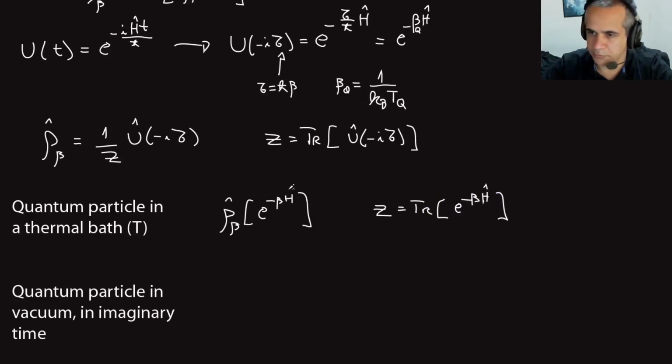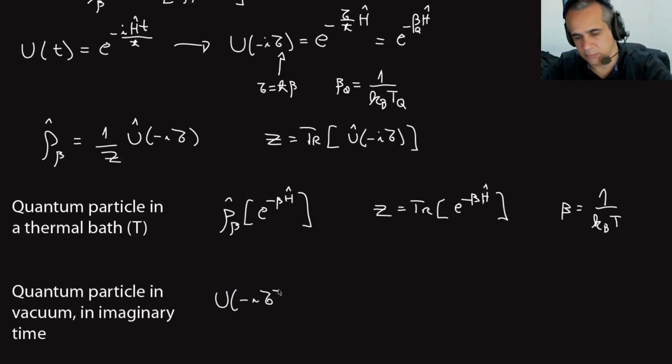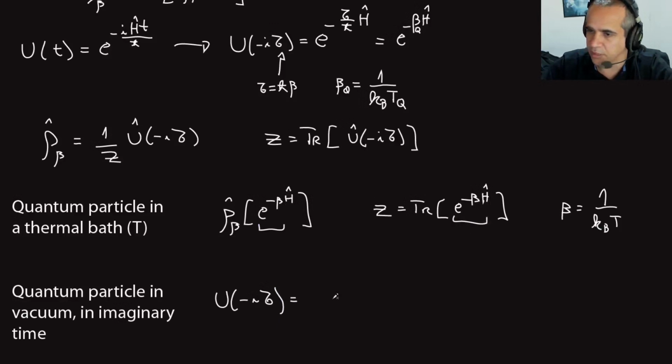These are operators. And beta is 1 over temperature. And this guy is described by this time evolution. But if I go to imaginary time, I just get this, which is actually the same function that shows up here and here, as long as I set this length I'm calculating here to match that real temperature there.